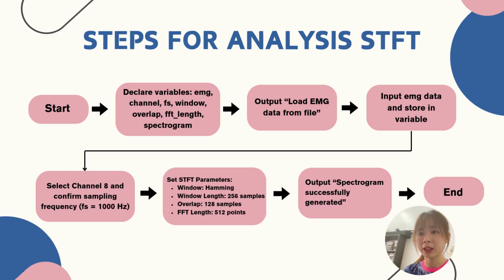Then the output log shows EMG data from file was loaded, and the input EMG data was stored in a variable. Then select the channel and confirm the sampling frequency, which is 1000 hertz, and then set the STFT parameters. Then the output spectrogram is successfully generated.